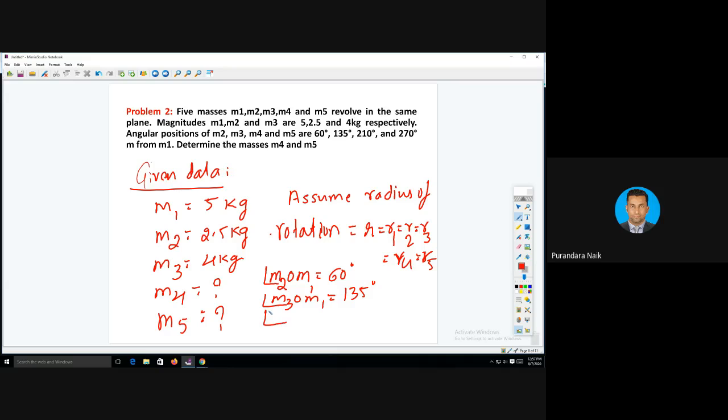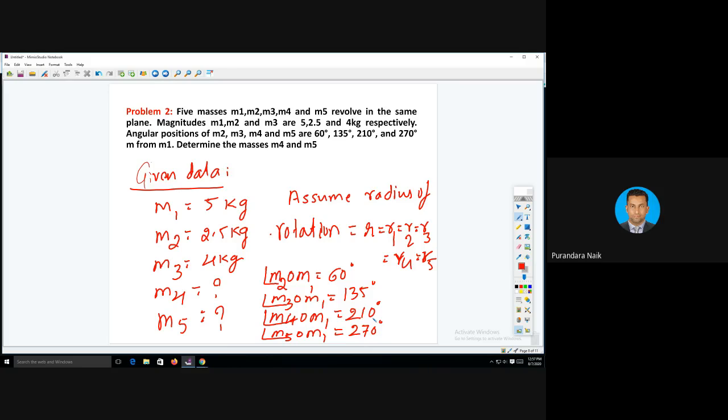Angle of M4 with respect to M1 is equal to 210 degrees. Last one, M5 with respect to M1 is equal to 270 degrees.